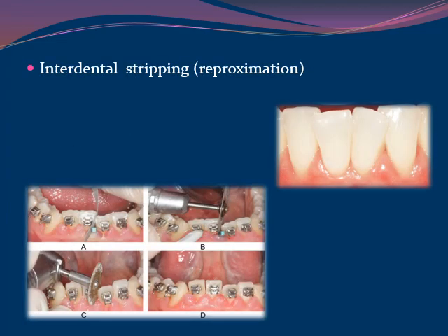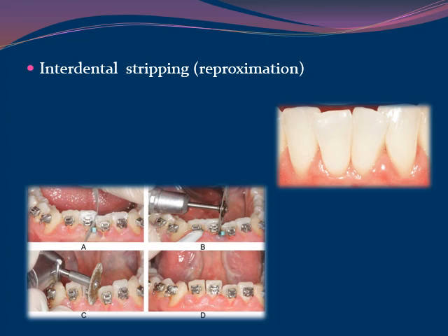The other technique is interdental stripping, or reproximation. In this technique, we remove a small amount of enamel from the mesial and distal aspects of the tooth, so that we flatten the interdental contact area to get a small amount of space for realignment of the teeth. It was shown that this technique enhances stability and decreases relapse.